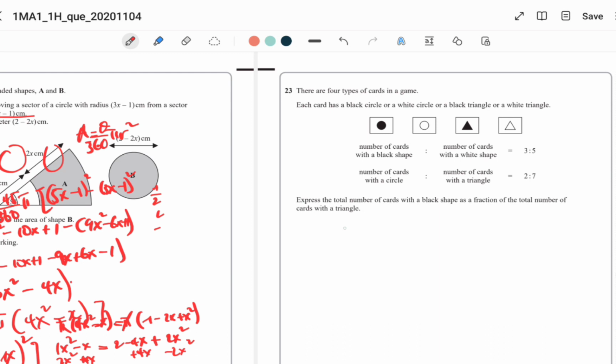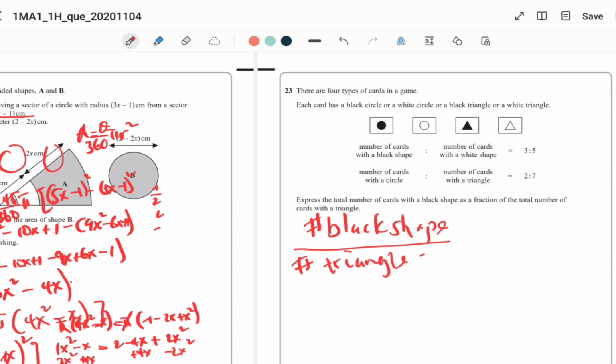So we want the number of cards with the black shape as a fraction of the total number of cards with a triangle. So we want the number of black shape cards divided by the number of cards with the triangle. That's what we want to find.